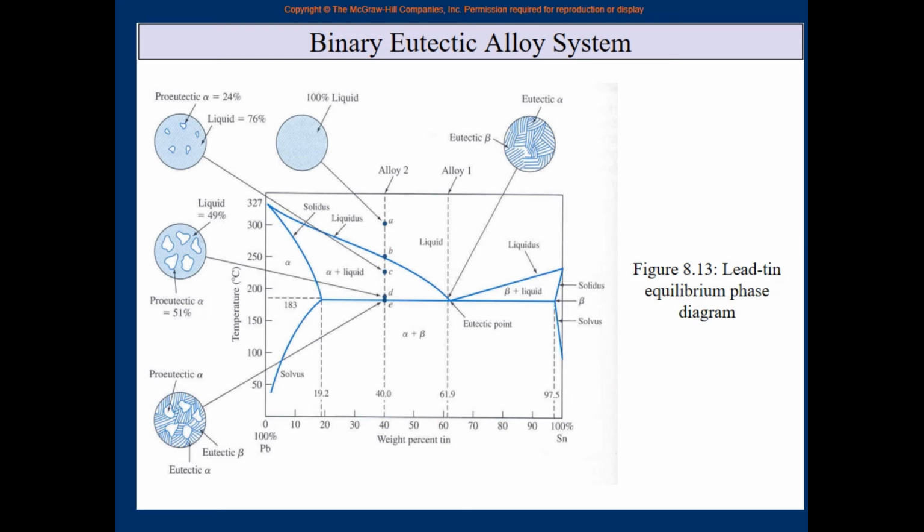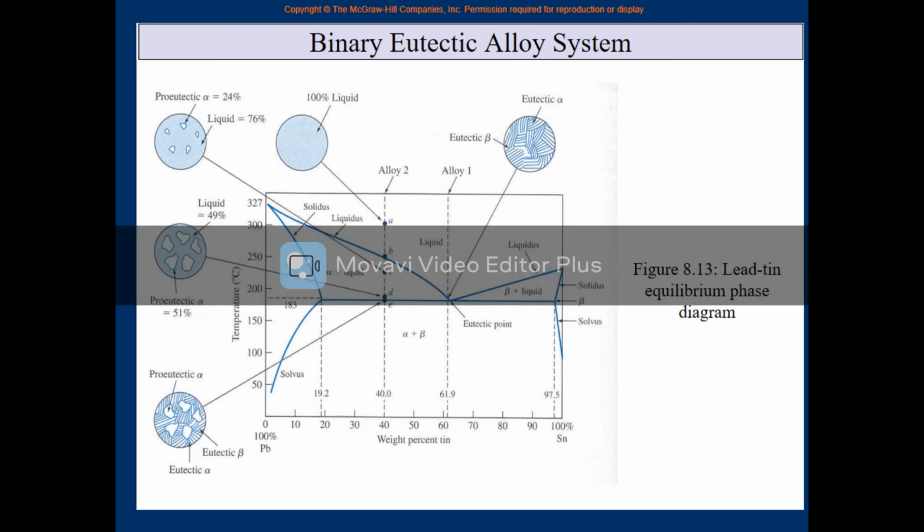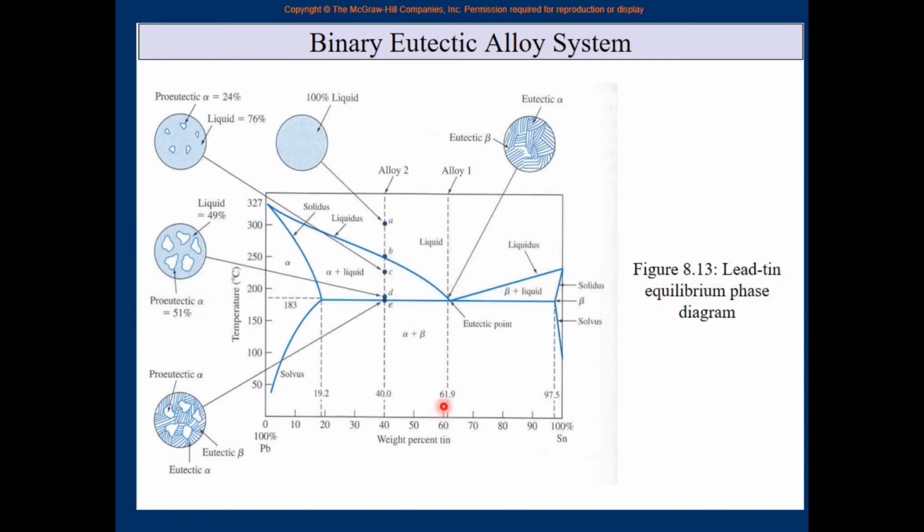There is one diagram which we have not done yet. What is that diagram? You know, right? The diagram at the eutectic point. So if we give you the eutectic composition, 61.9%, and then say, okay, when we cool, what will happen? Here we will have only liquid, but there will be no liquid plus solid. Liquid, liquid, liquid.